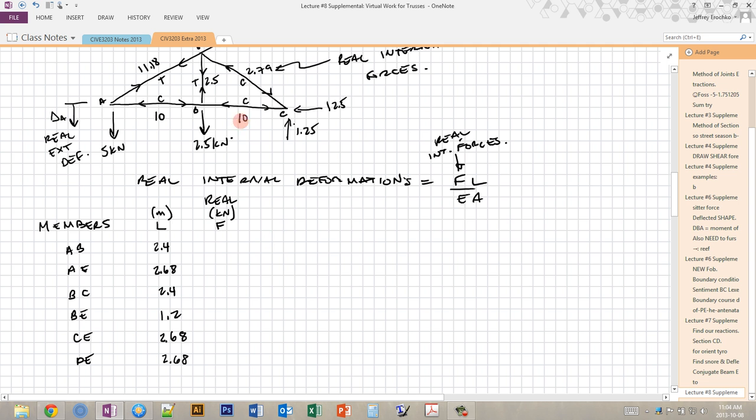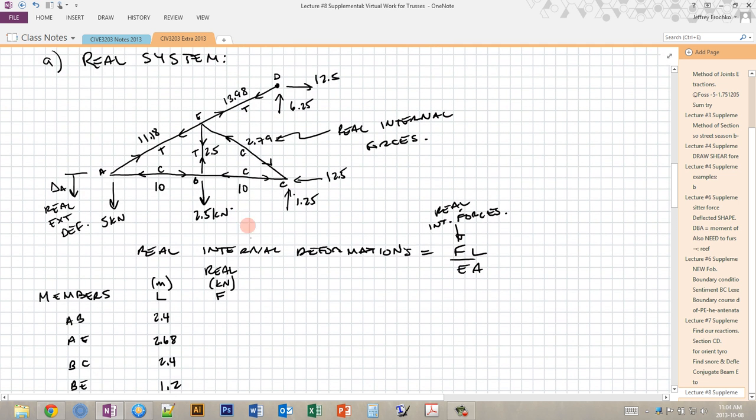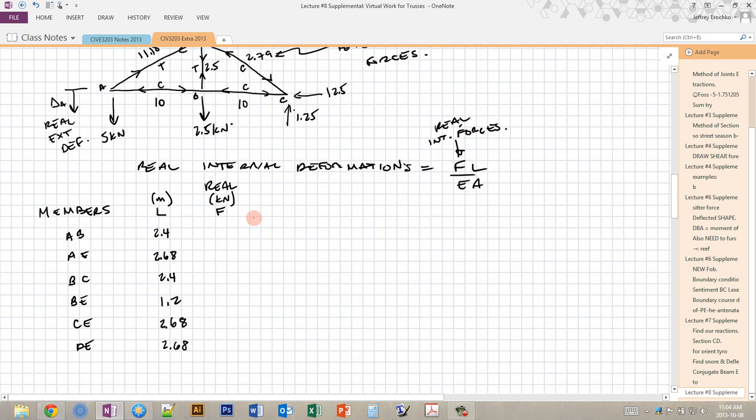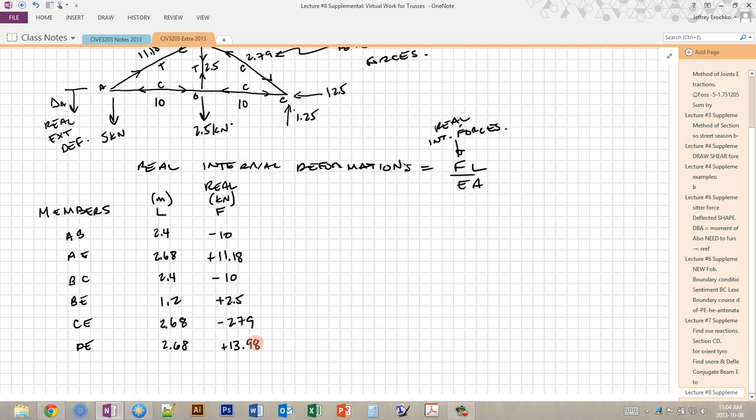So these come straight out of this real system diagram, so I'll put those in. Now for these forces, the ones that are in tension I've made positive because they elongate members, and the ones that are in compression I've made negative because they tend to make the member shorter. So then in parallel with this, we're going to use these to find the deformations, but I'm going to save that step for later to make it easier.